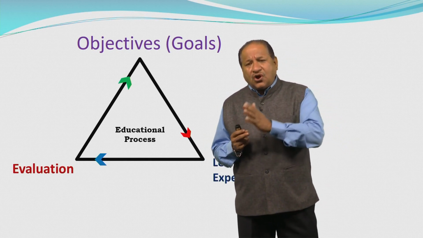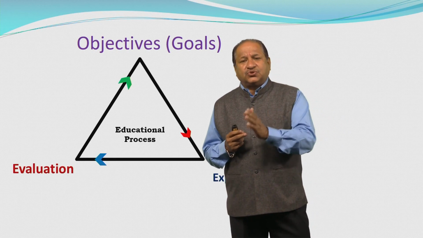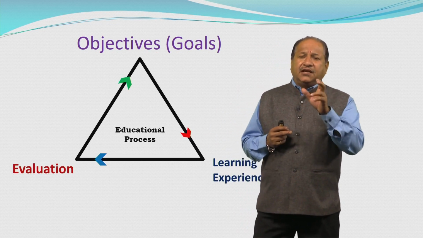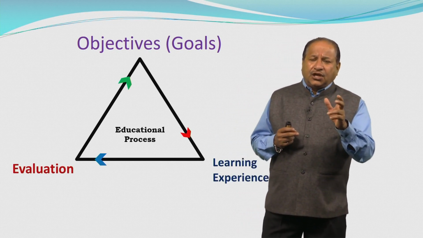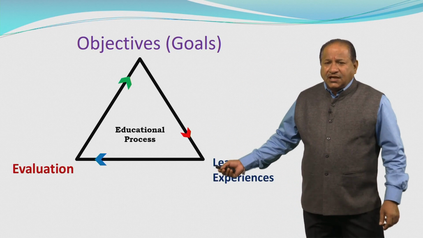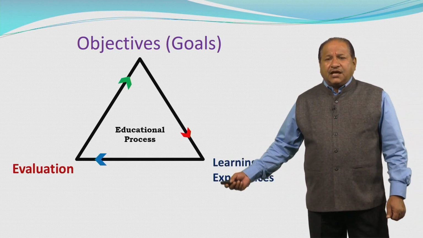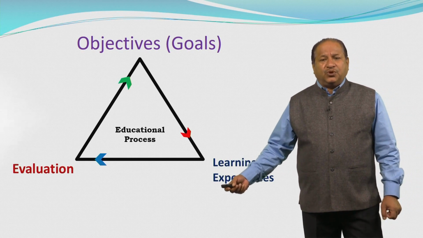Now, the evidence of what is not achieved we also receive through this evaluation process, and then according to that we again give the learning experiences to the student, so that the remaining objectives will be fulfilled.